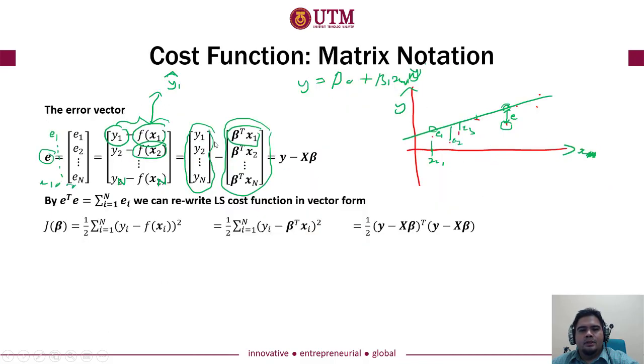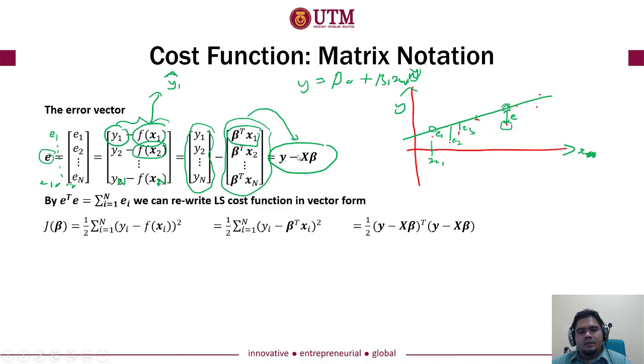So that's how it should be here. If this is how we represent it in matrix form, then you can also represent it by simple vectors like this, meaning that this is your actual y minus your predicted y.